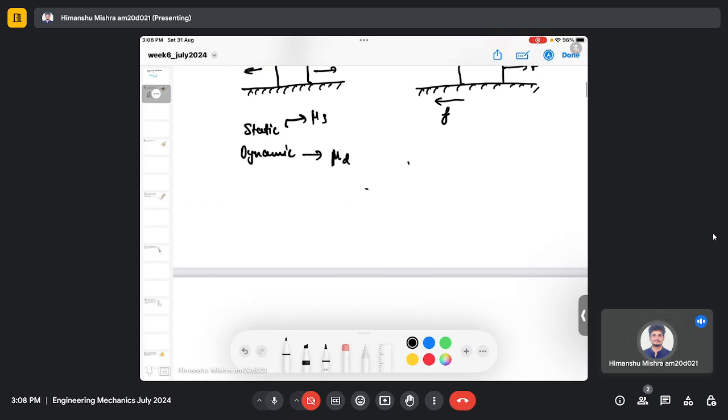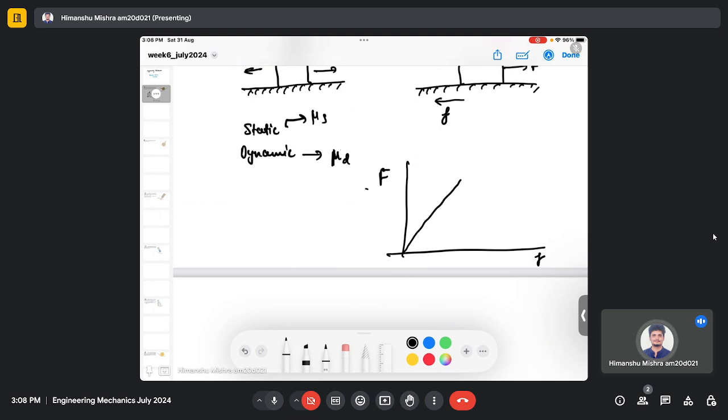So let's say I make a plot where I put friction on the x-axis and the applied force on the y-axis, and let's say I exert a force, then how will the friction force change?